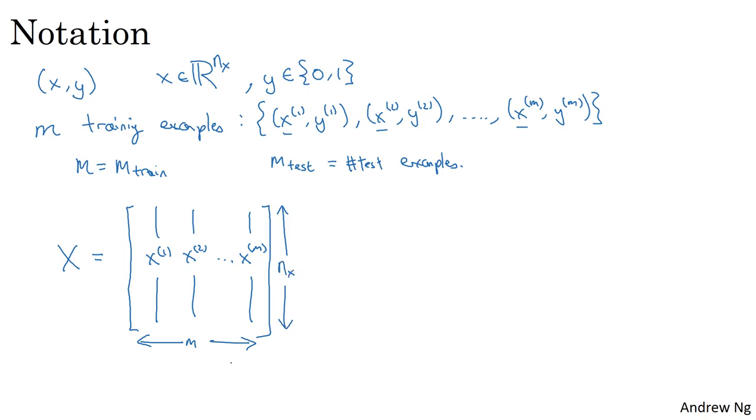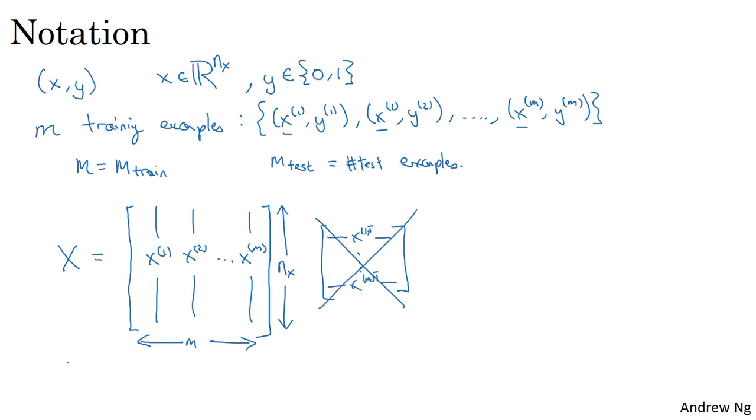Notice that in other courses, you might see the matrix capital X defined by stacking up the training examples in rows, like so, x1 transpose down to xm transpose. But it turns out that when you're implementing neural networks, using this convention I have on the left will make the implementation much easier.